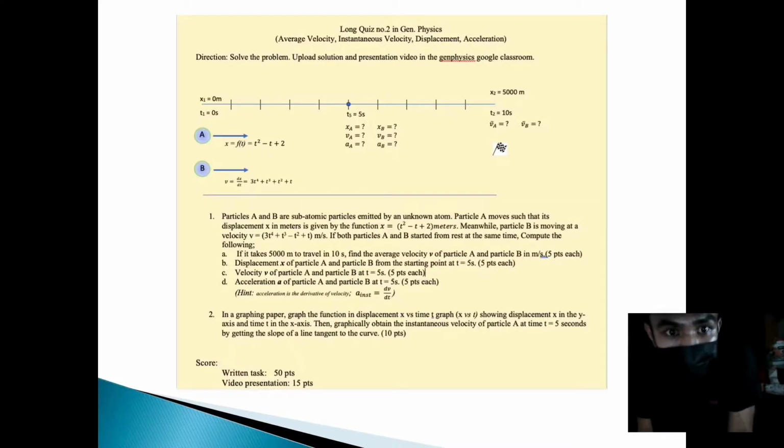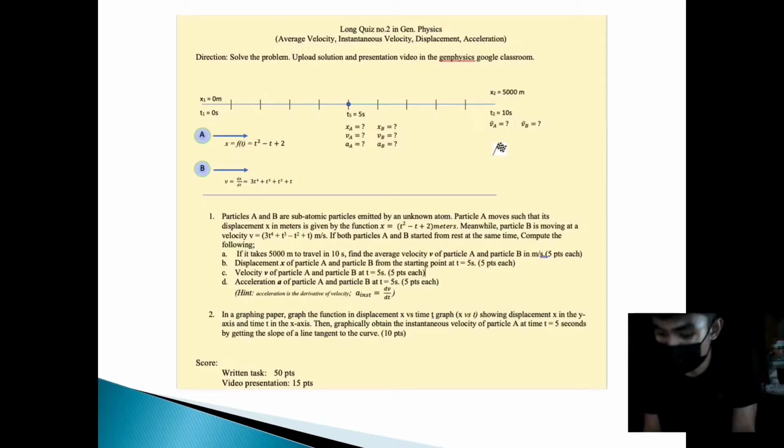And the equation for velocity for particle B is 3 times t raised to the 4th plus t cubed plus t squared plus t. So as you may have noticed, the only given is just two formulas. The one is for displacement and the one is for velocity.